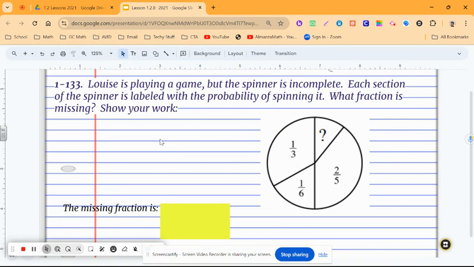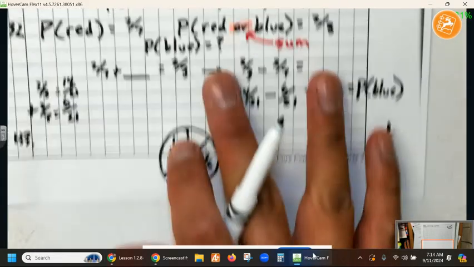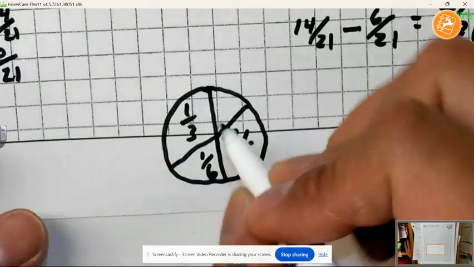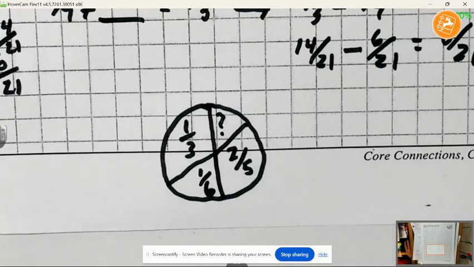All right, copy this down. All right, so down here we're trying to find what is this missing piece of the spinner. So go ahead and work on that and see what you can come up with.